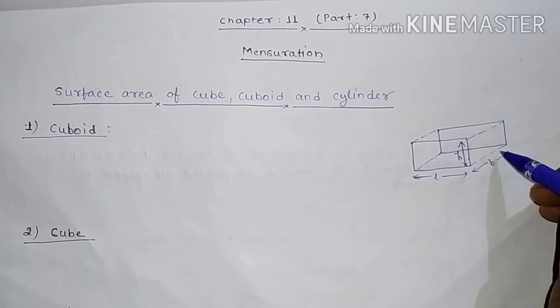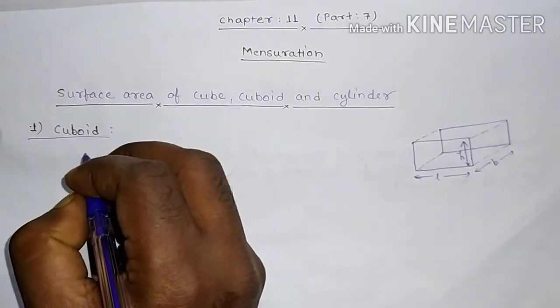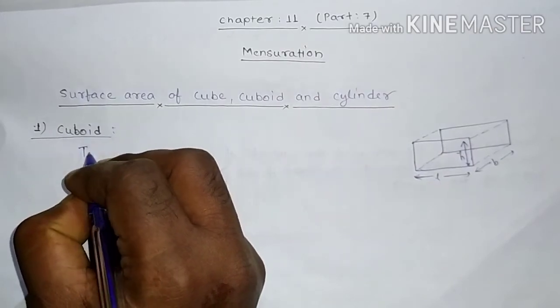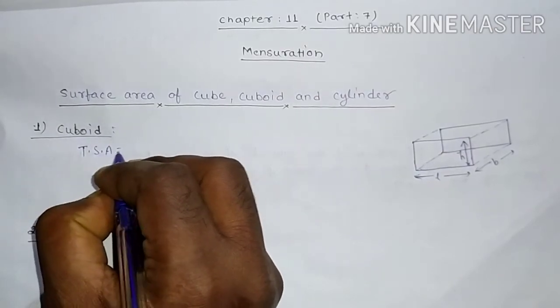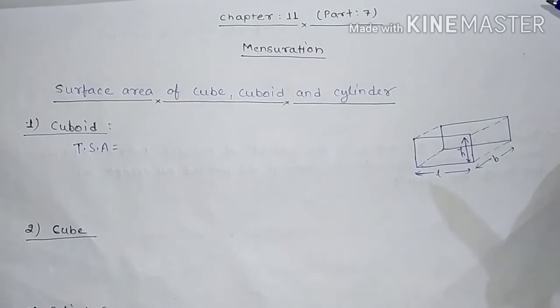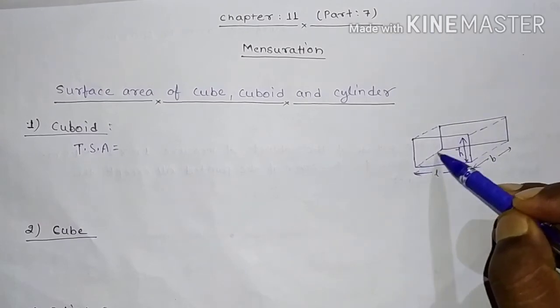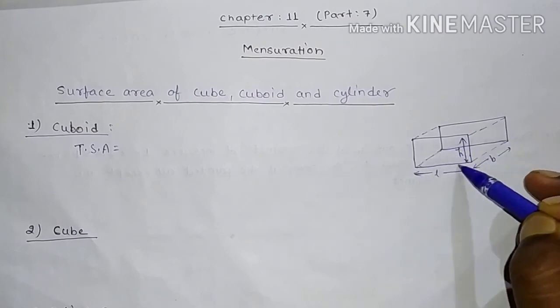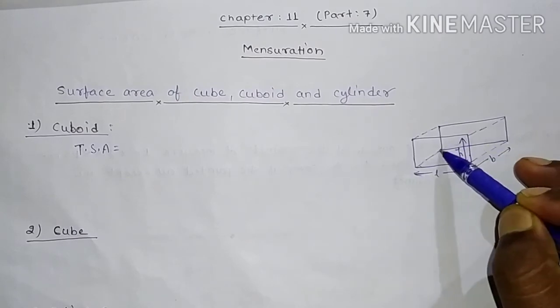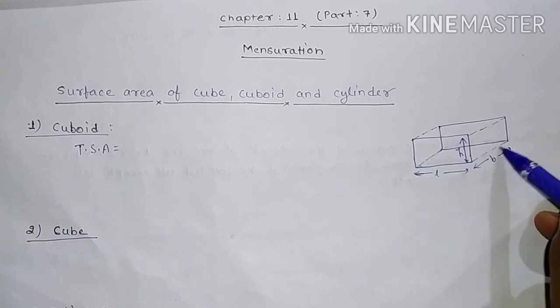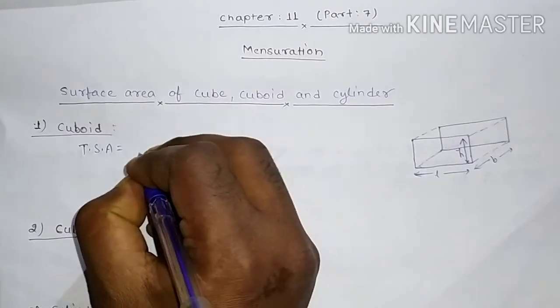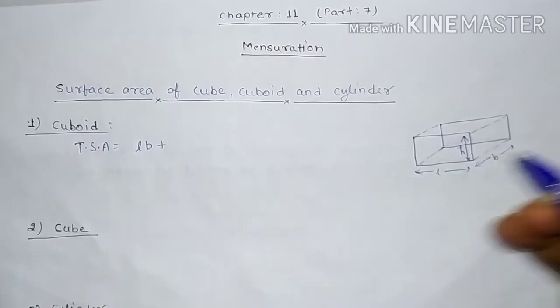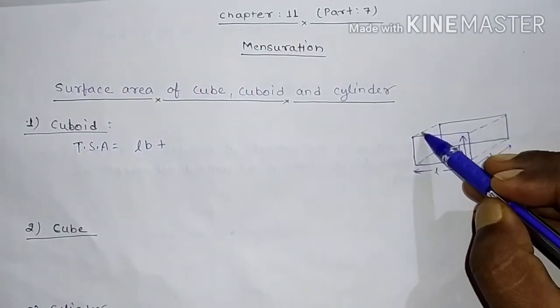Here we are going to find the total surface area of the cuboid, that means the area of all 6 faces. First of all, the area of the bottom surface is length into breadth. This rectangle has length L and breadth B, so this is LB, plus the upper face.